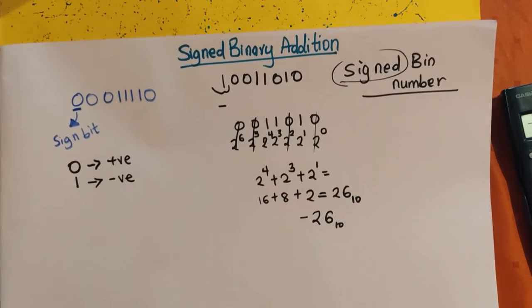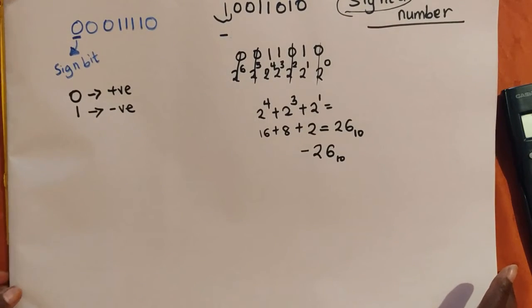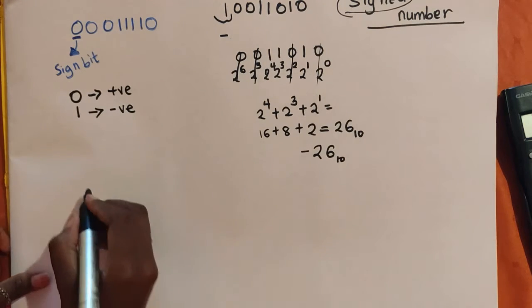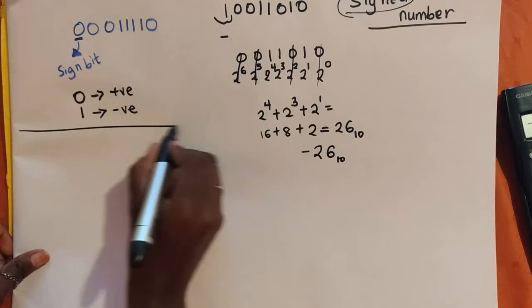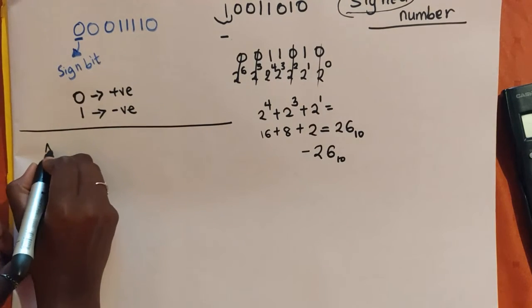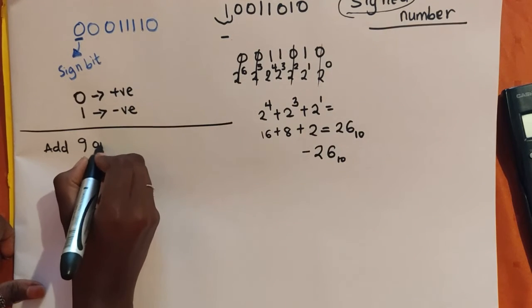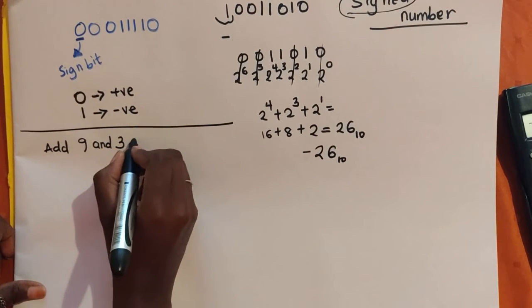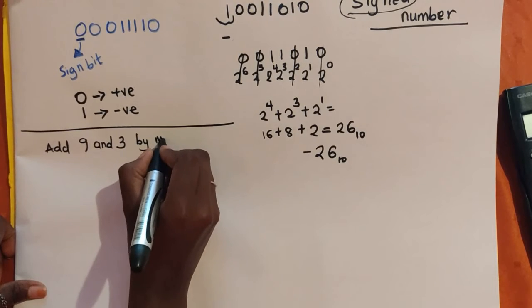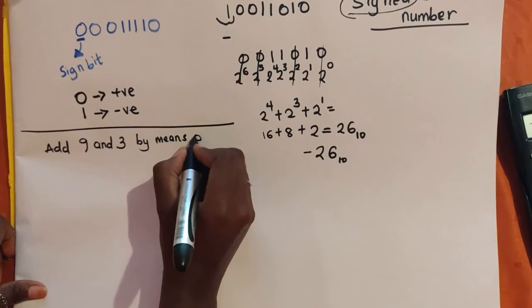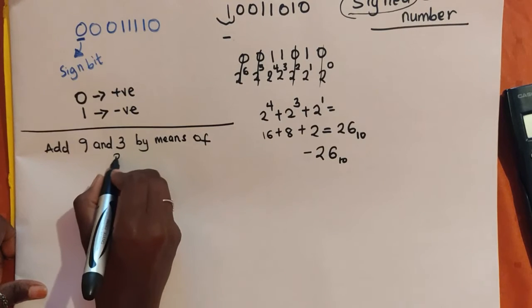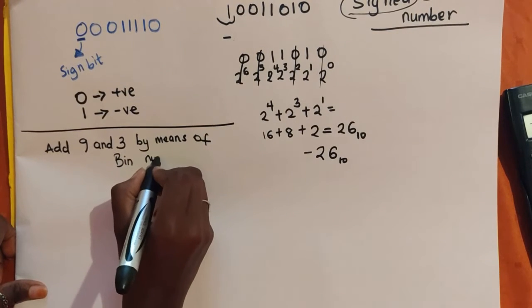Now let's go to addition, adding binary numbers. Let's say for an example, we've been given 9 plus 3. Add 9 and 3 by means of binary numbers.